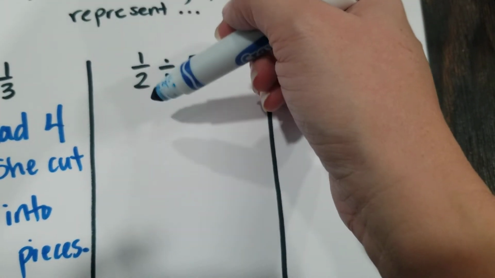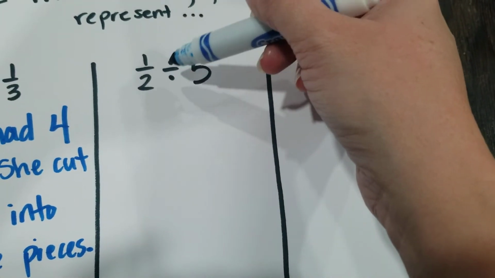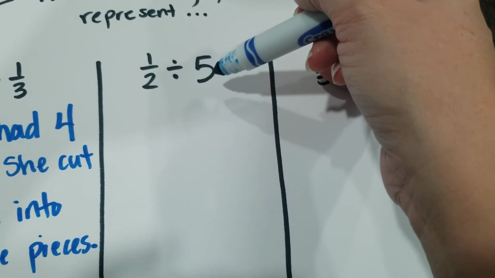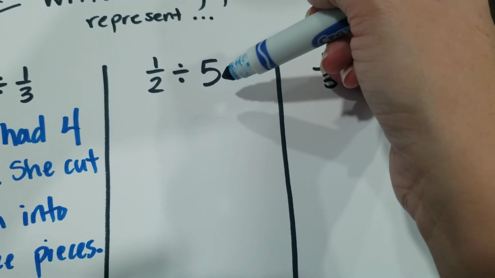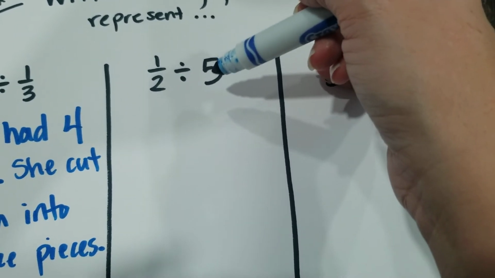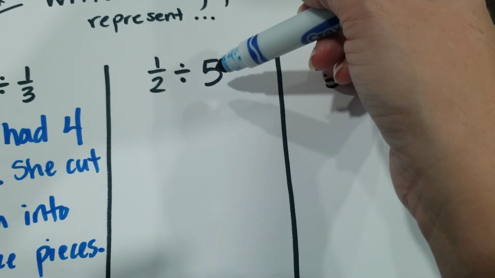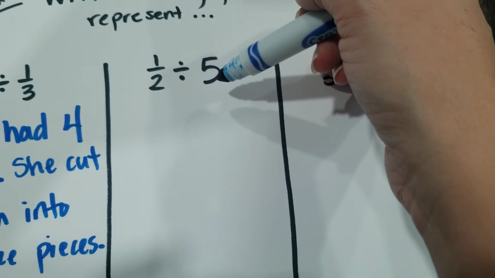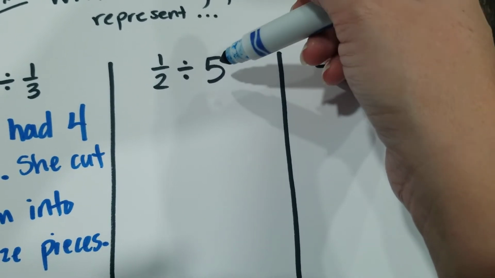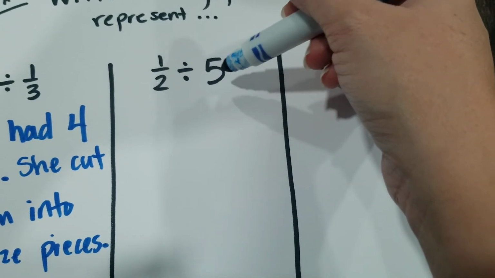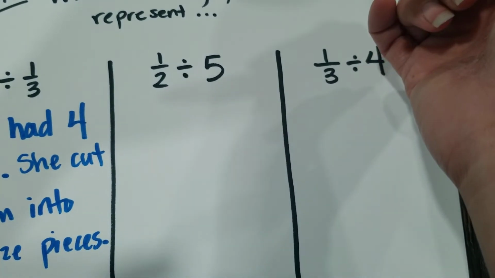And this time I'm going to split it up, not into 5 size pieces. I'm going to cut it into 5 pieces. Maybe I have 5 friends I want to hand it out to, or maybe myself and 4 friends or something like that. We're going to all share this 1/2 of something.